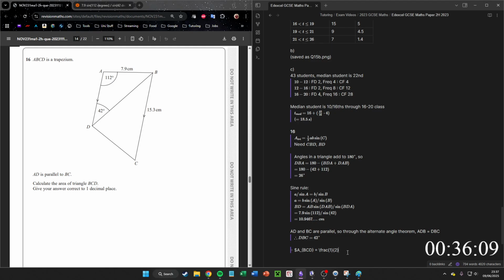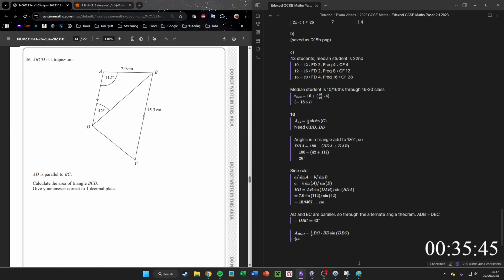The area of BCD is going to be half ab sine C. So this is this length, this angle. So BC, BD, half ab sine DBC. And then we can just sub in all of our values. We should use multiplication signs here to make sure it's very clear that these are individual side lengths, not products of other variables.